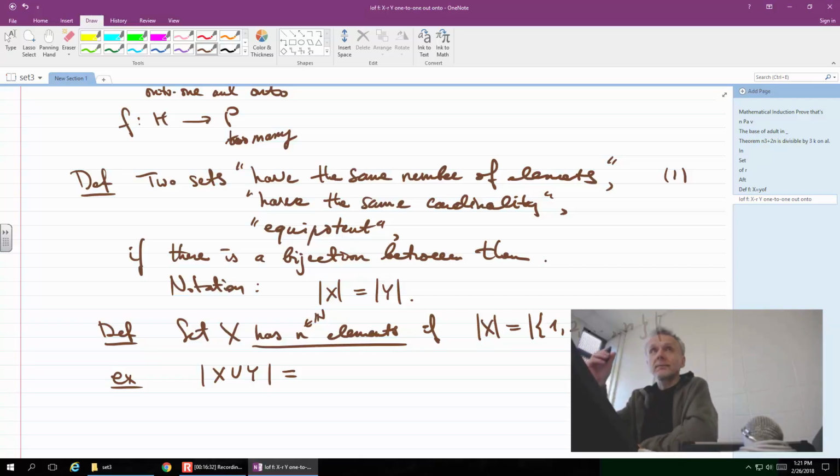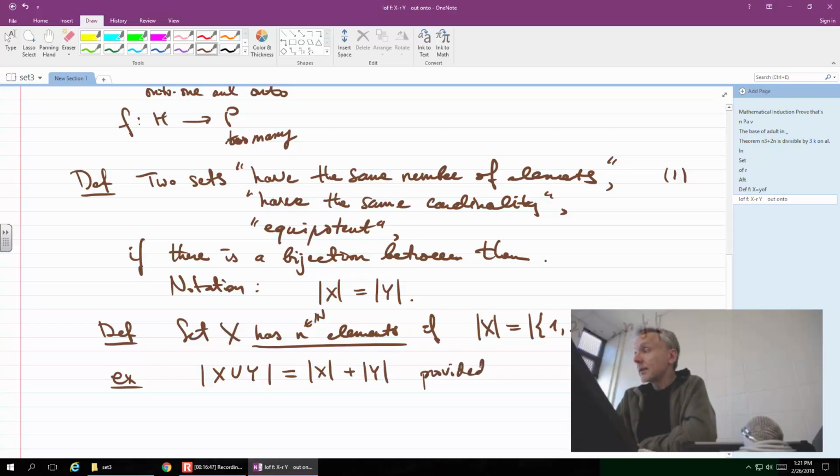It includes all elements that are included in. What if we start counting? The number of elements in X plus the number of elements in Y. That's right. Provided... it was supposed to be simple. I didn't mean it to be a trick question.